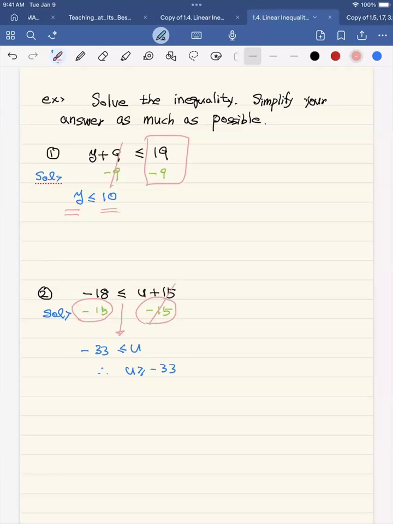So we have -18 and -15 on the left side. When we add them up, we get -33. So by reading the inequality, u is greater than or equal to -33. Usually we write u, the variable, on the left side. So we switch the inequality direction, because u is greater than or equal to -33.